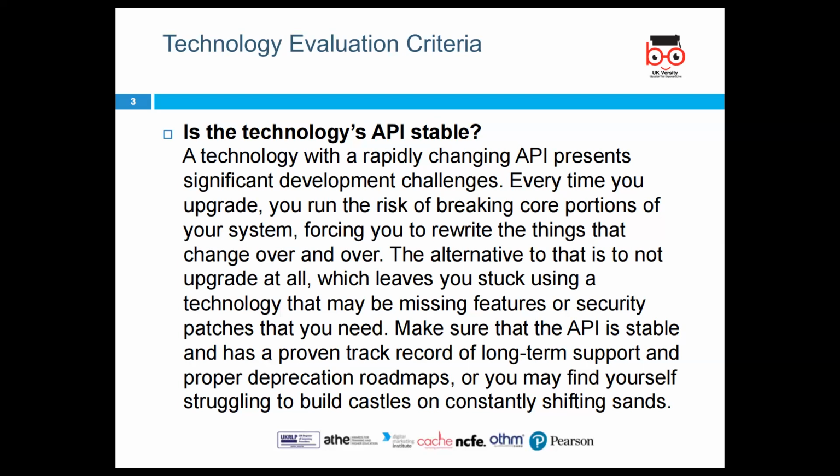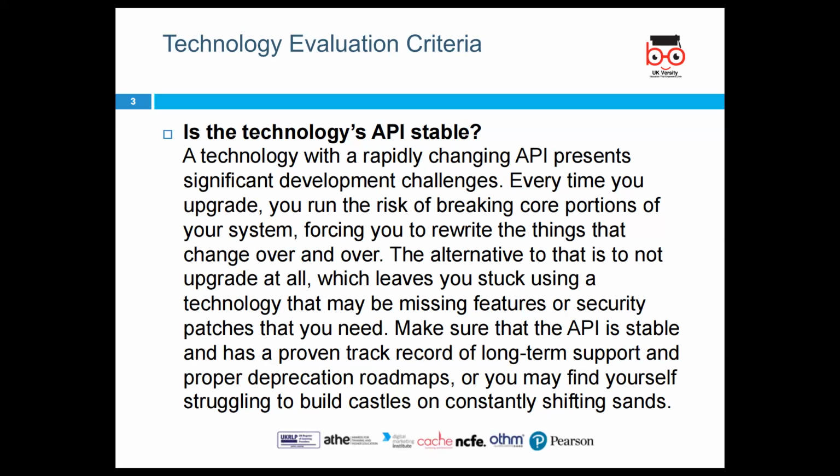A technology with a rapidly changing API will present significant development challenges. Every time we upgrade, we run the risk of breaking the core portion of our system, which will force us to rewrite things over and over.